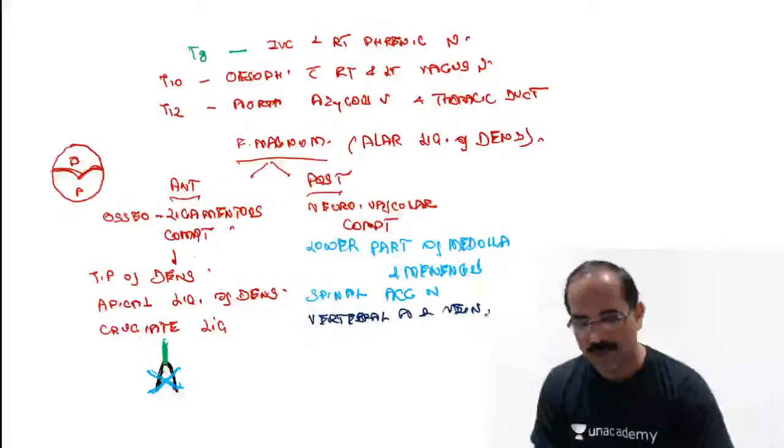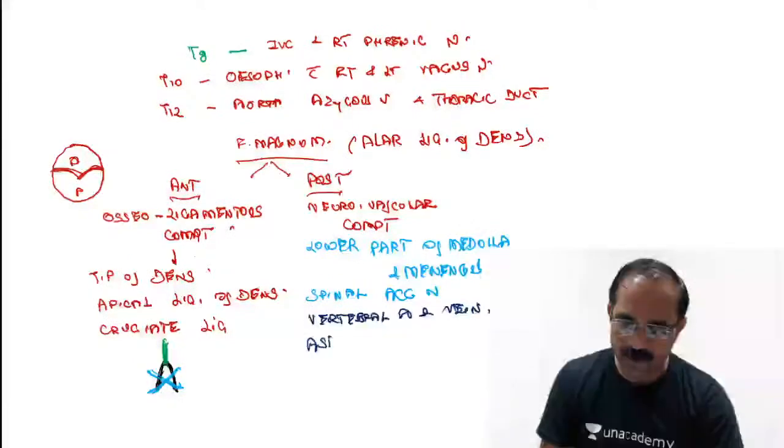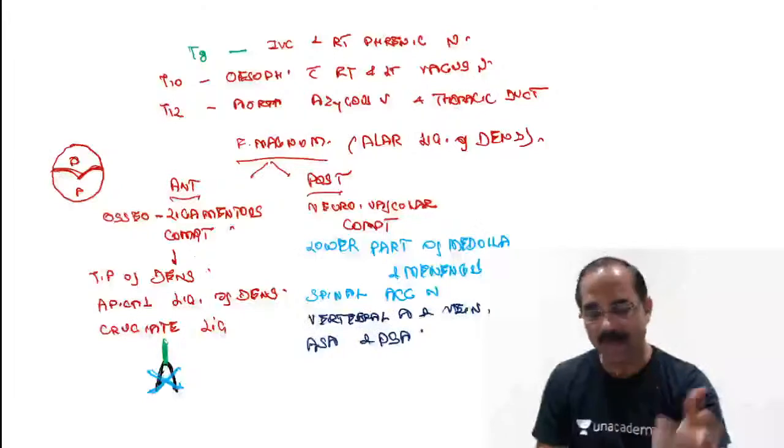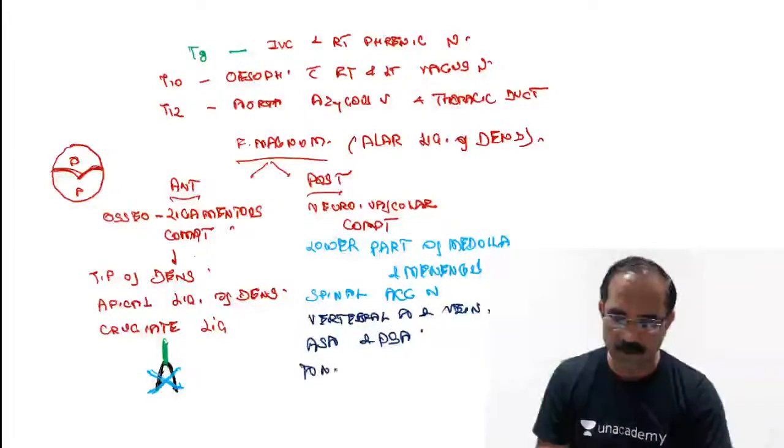The branches of the vertebral artery come down, the anterior spinal artery and posterior spinal artery. And the last one is the tonsils of the cerebellum.